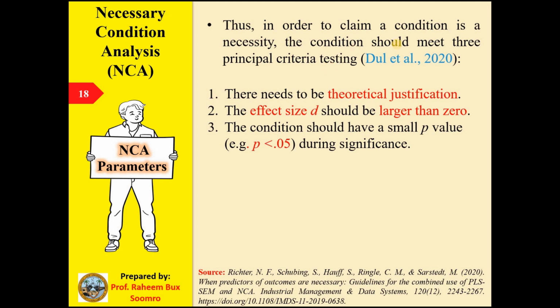First, there should be theoretical justification. It's subjective and qualitative. Through your literature, you have to justify whether any IV is a necessity or not. This is purely qualitative, and the two others are quantitative.